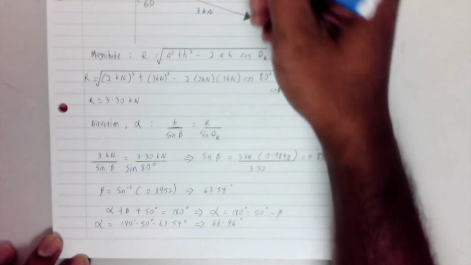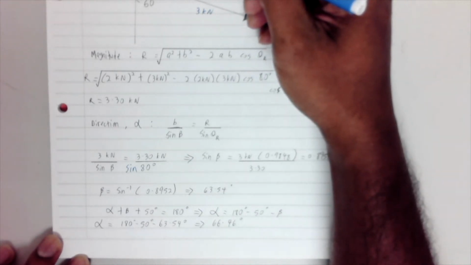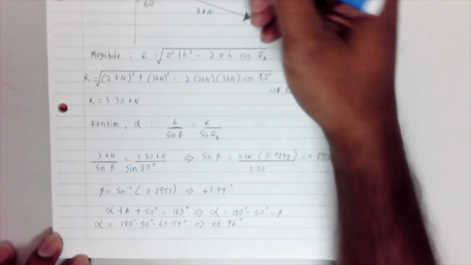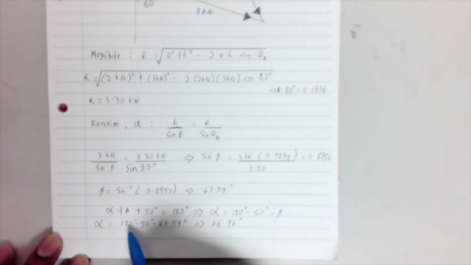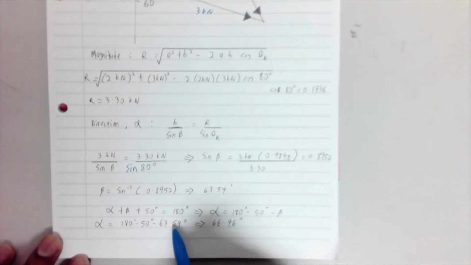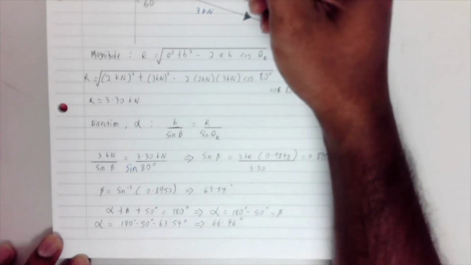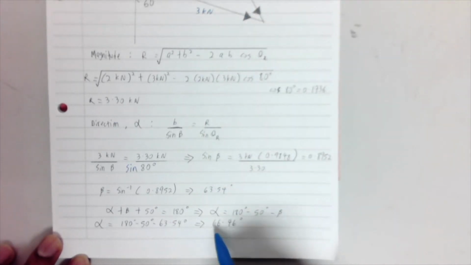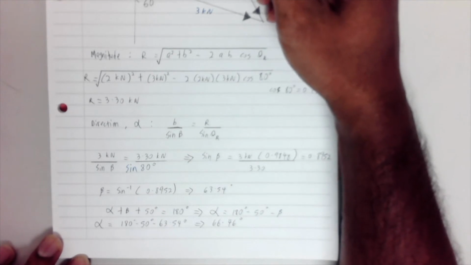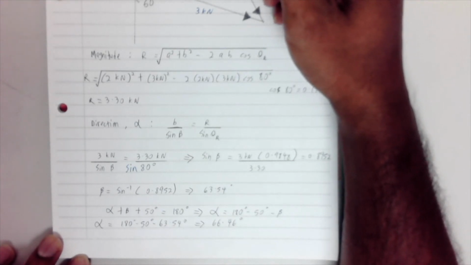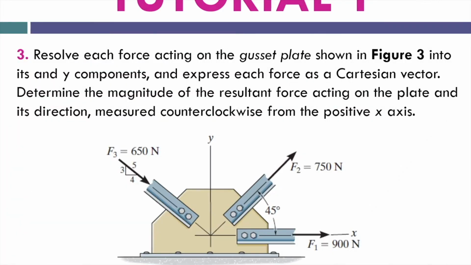Okay, so beta is including this value plus 40. So 180 minus 50 minus 63.54. Okay, where we got this value here. Okay, this value alpha is equal to 66.46. Okay, so this matches our previous calculation.